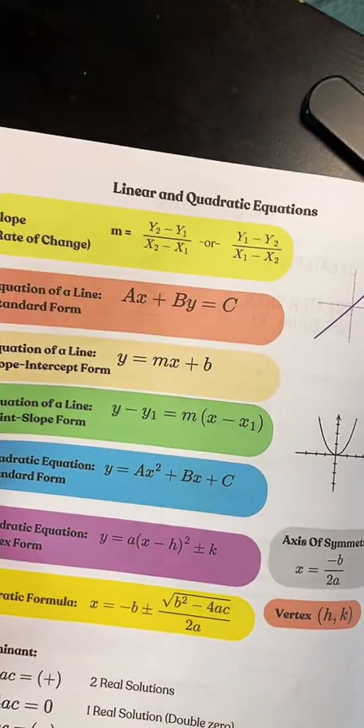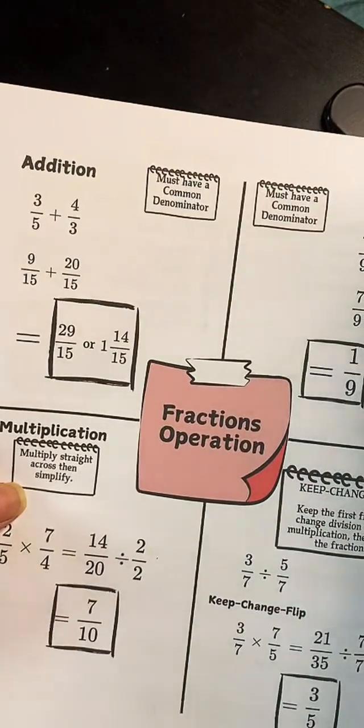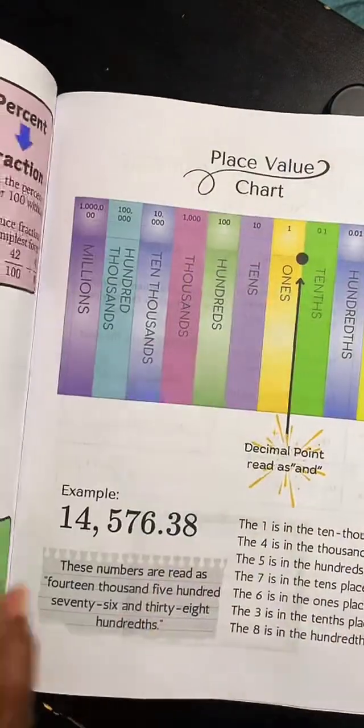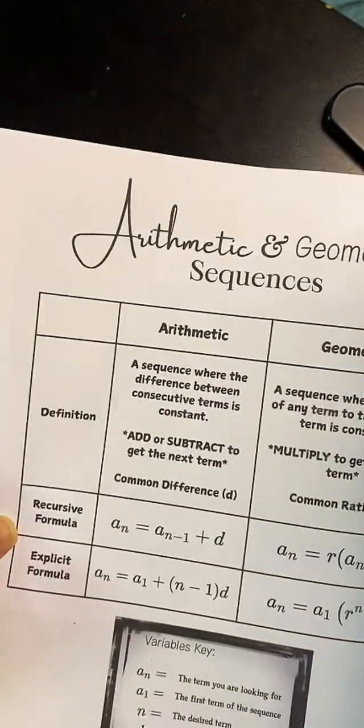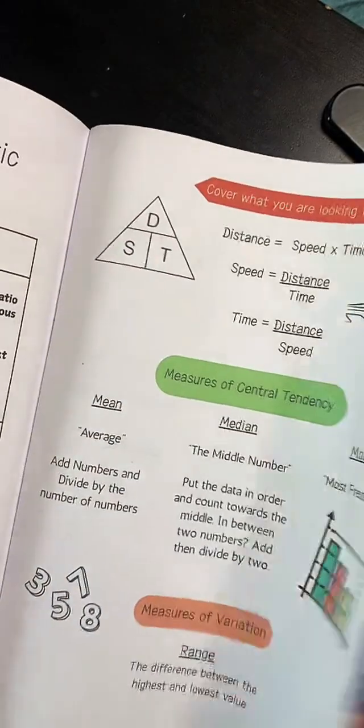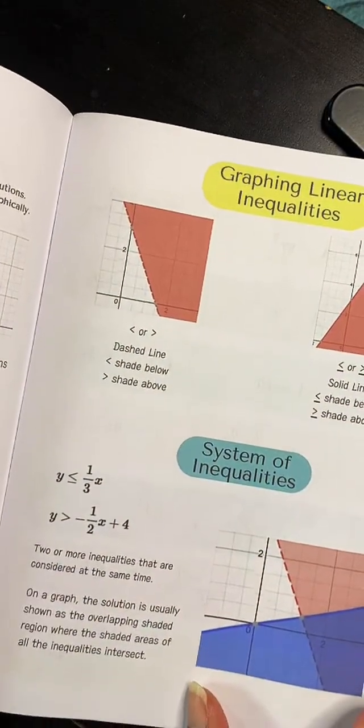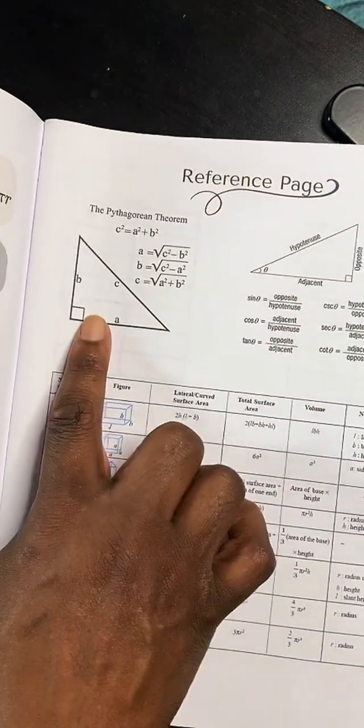Then a little bit with the linear and the quadratics. Then fraction operations, that's that reminder, decimal operations. A lot of other speed tests, graphing linear inequalities, system of inequalities, system of equations, looking at Pythagorean theorem. So all this is just a great reminder of how to do things.